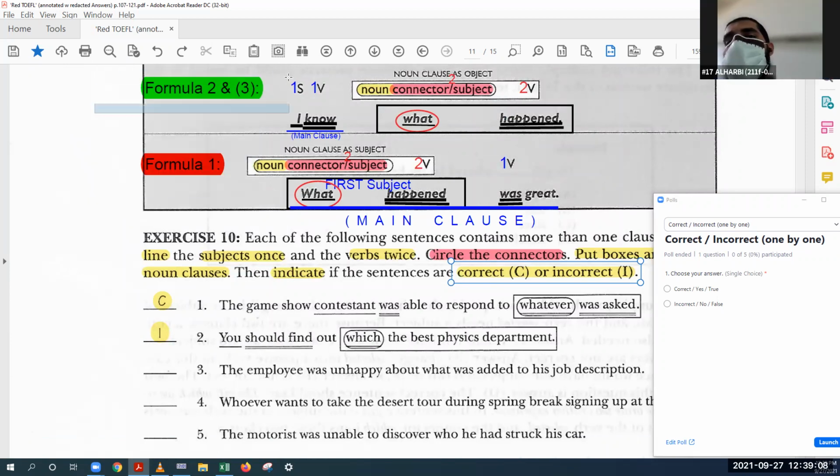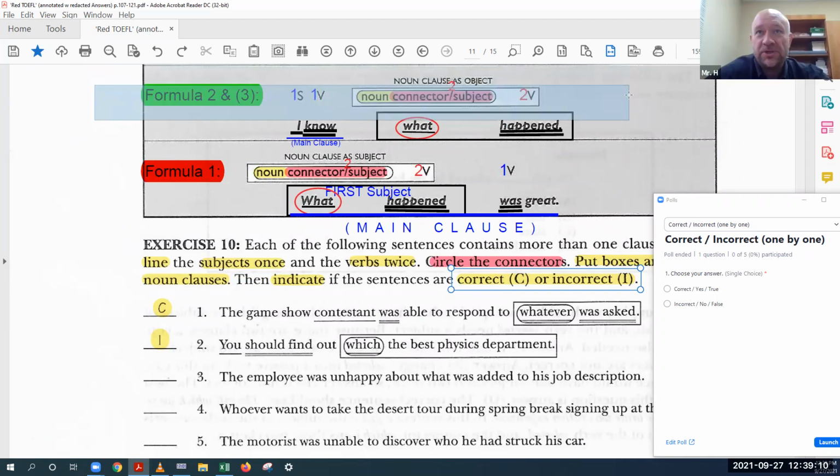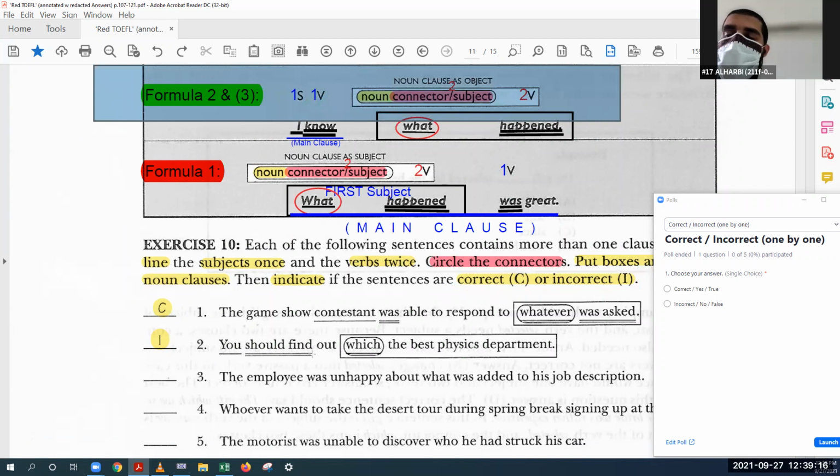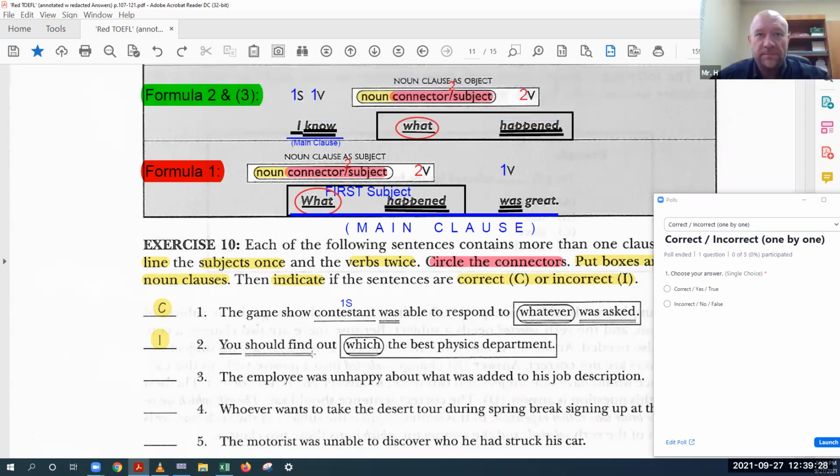Formula 2. Okay, formula 2. So let's use the formula. Just tell me the key words in this formula. Contest is the first subject. Excellent. And then? Was the first verb. Good. Then what?